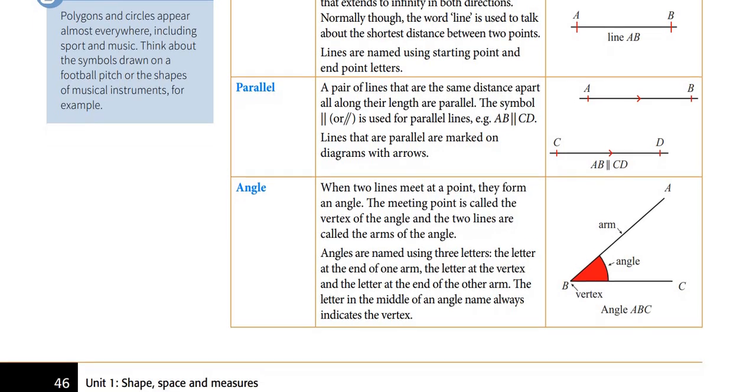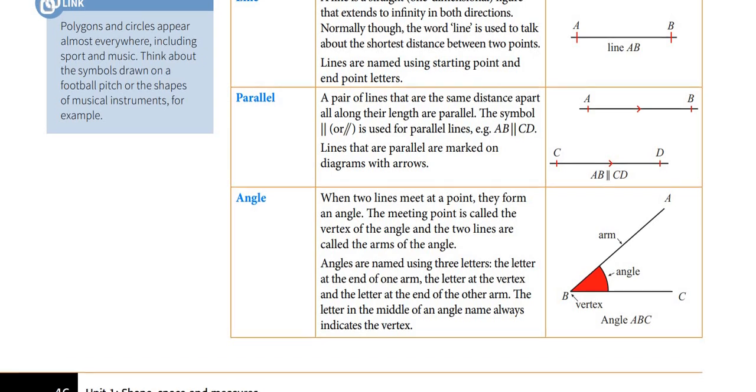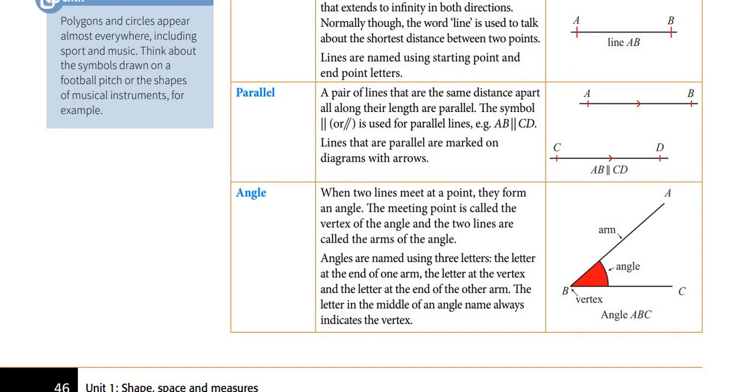Okay. Then here you have an angle. It's not a definition, but this is what an angle is for the book. It says when two lines meet at one point, this point, the vertex, they form an angle. The meeting point B is called a vertex of the angle, and the two lines are called arms of the angle. So this is arm AB, this is arm BC, and how do you determine the angle? How do you write it?